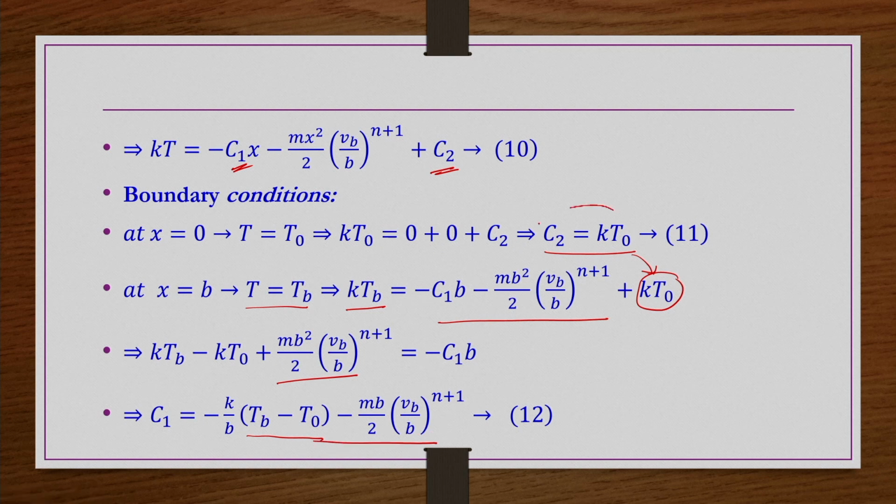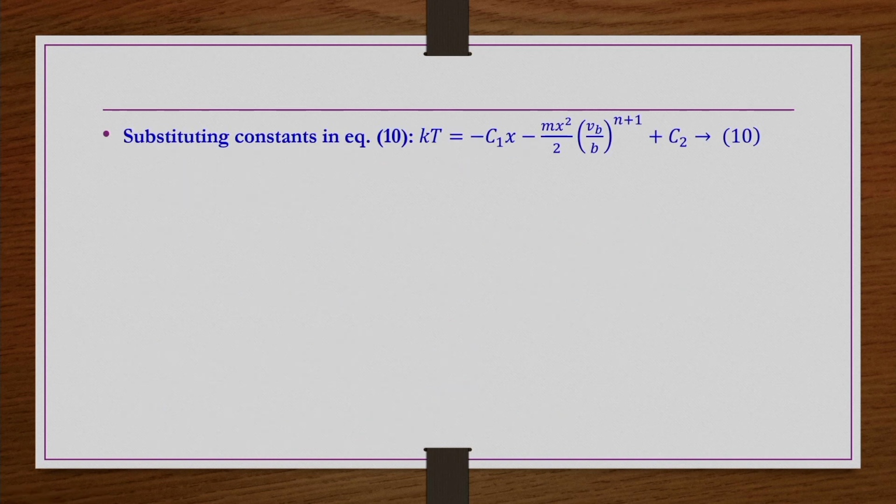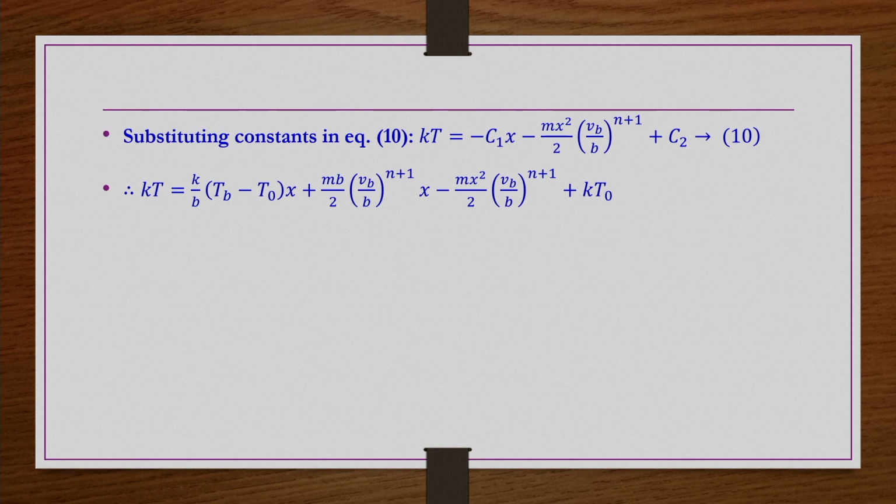Now, we are going to substitute this C2 and this C1 in equation number 10 to get the final temperature profile. So, C2 is k T naught, the term minus m x squared by 2 (Vb/b)^(n+1) is as it is, and then minus C1 x is nothing but k by b (Tb minus T naught) multiplied by x plus m b by 2 (Vb/b)^(n+1) multiplied by x.